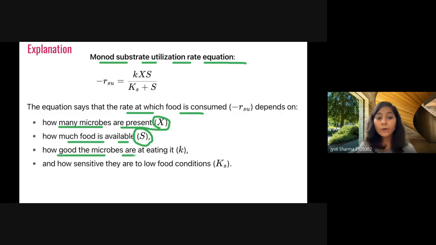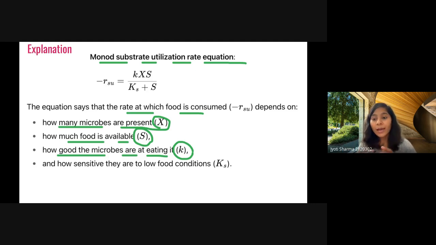How good the microbes are at eating it. So this is like the utilization rate as well. It may be the case that some of the microorganisms are not utilizing the organic matter as efficiently as another microorganism can.